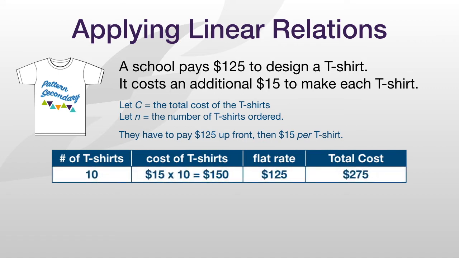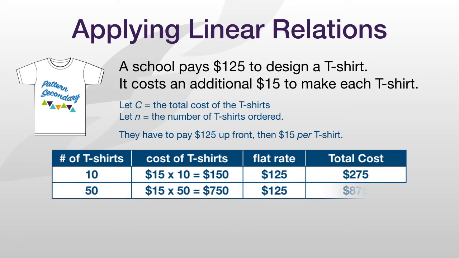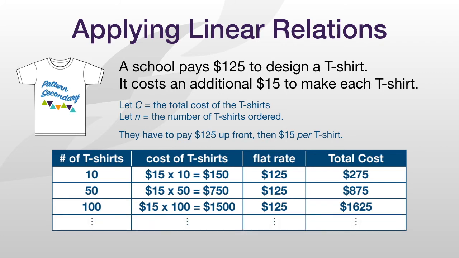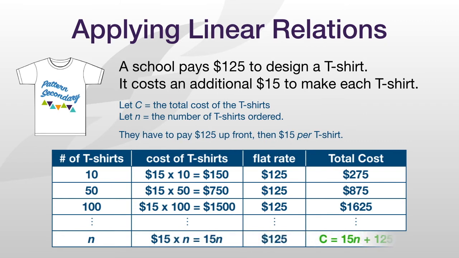For 10 t-shirts, it would cost $150 for the t-shirts plus the initial $125 for a total of $275. We can try other values as well. From the patterns in the table, we see that we need to multiply the variable n by 15, then add 125. Our equation is C equals 15n plus 125.